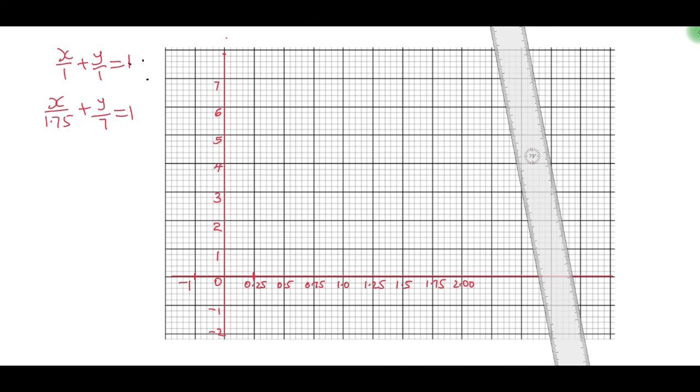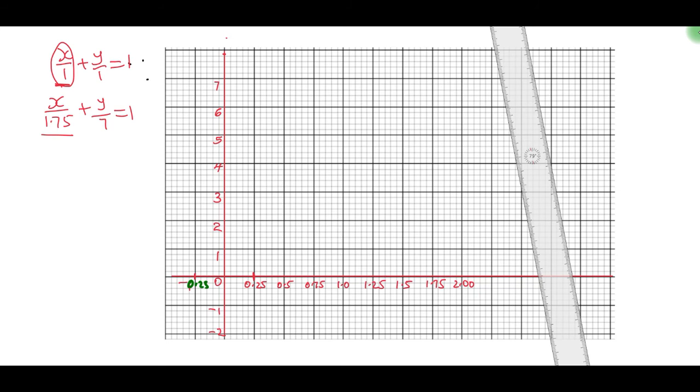We can actually reach there, since in our case we have a value up to 1 and the maximum is 1.75. Then from there, let us plot the points. This will be minus 0.25.